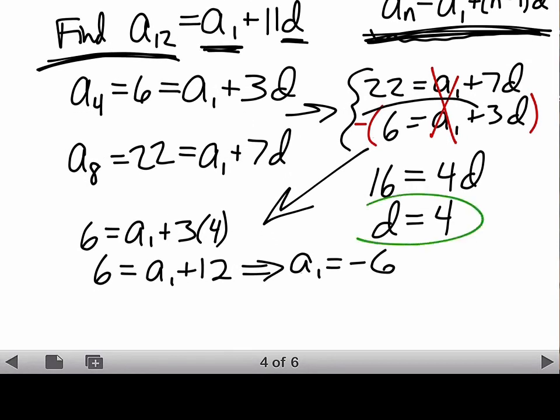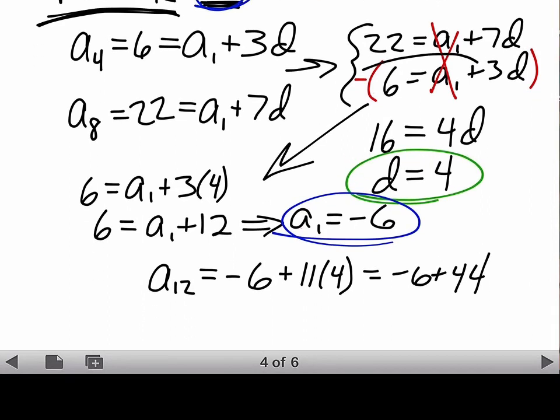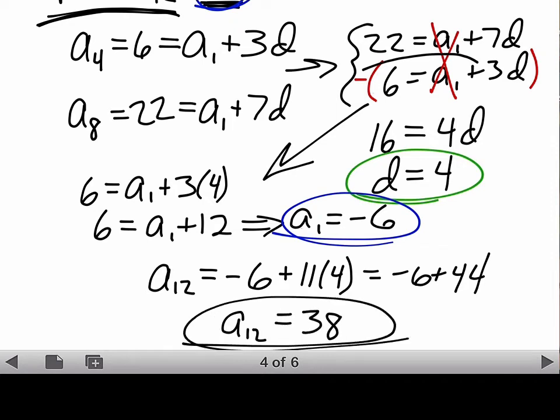And putting together that d is 4 and a sub 1 is negative 6 into our formula for the nth term, we can say that a sub 12 is equal to negative 6 plus 11 times 4, negative 6 plus 44, which is equal to 38. We were asked to find the 12th term. We found it, it's 38.